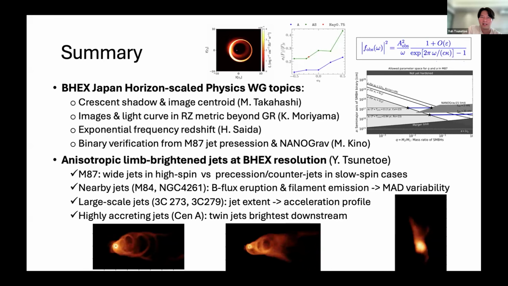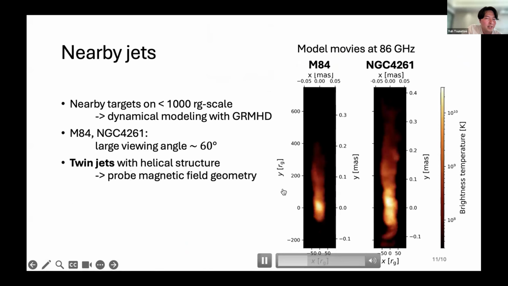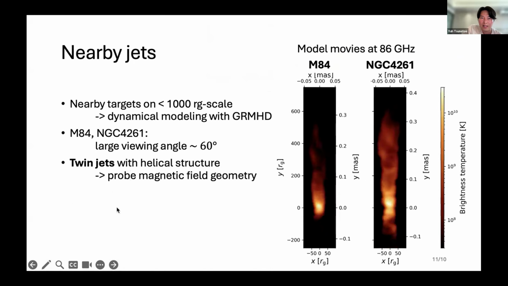Okay. One important takeaway is that in some sources with a larger viewing angle, as you can see, the contrast between ridge and edge is not so enhanced, unlike M87.